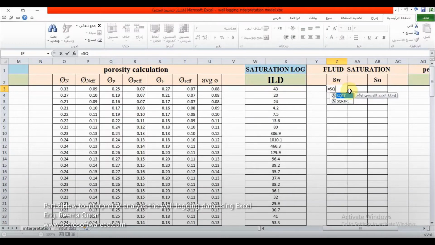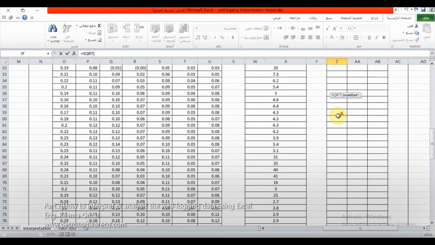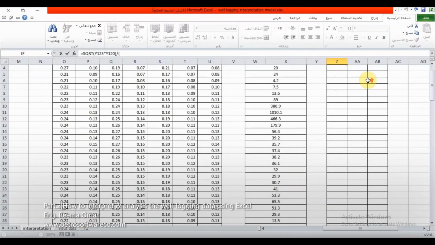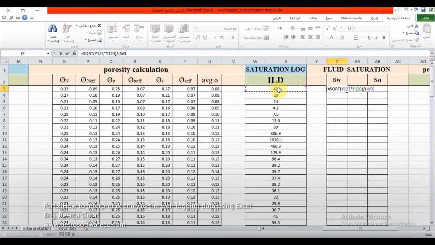Squared, because the saturation exponent equals 2, so you need to take the square root of a multiplied by water resistivity, divided by true resistivity from the deep resistivity log multiplied by average effective porosity to the exponent m.